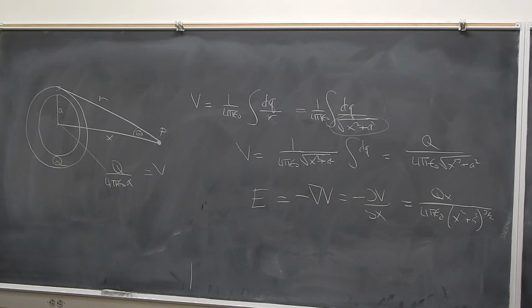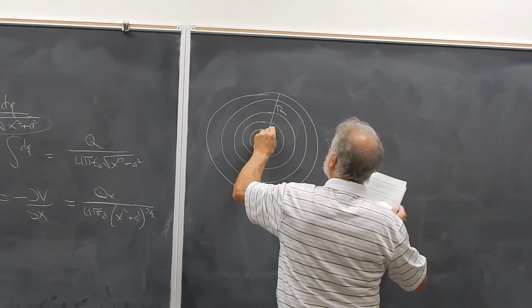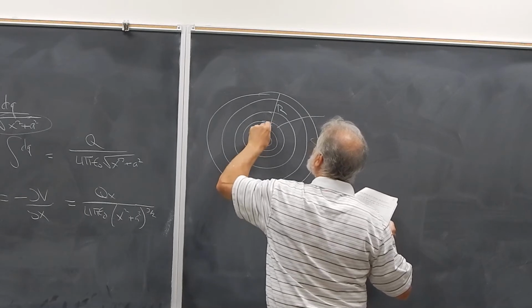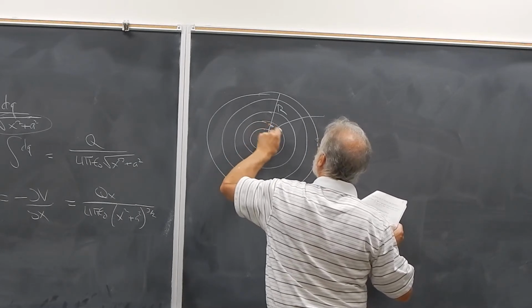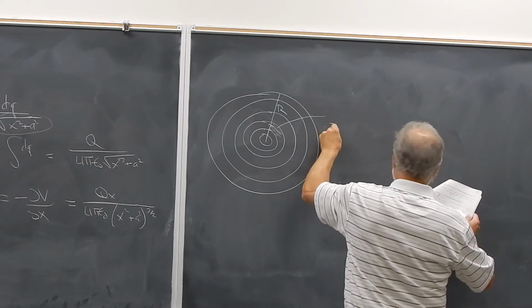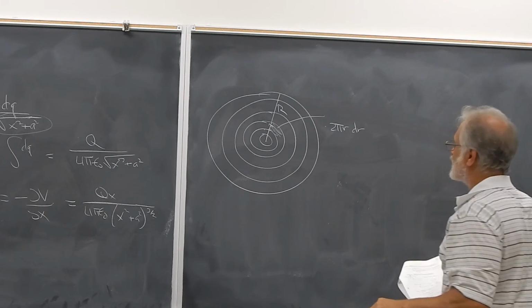Let's say that the entire disk has a radius capital R. If I look at one particular ring at some distance little r, the area of this ring would be equal to 2 pi r dr, where dr is the thickness of the ring.